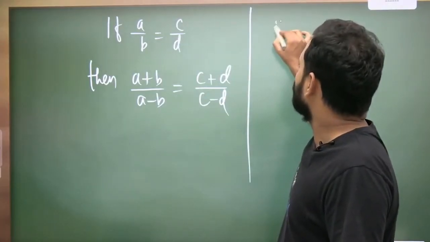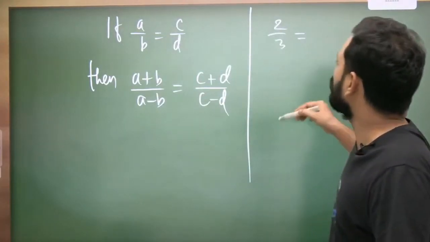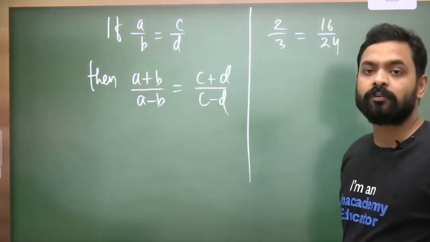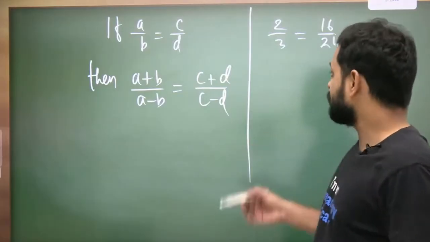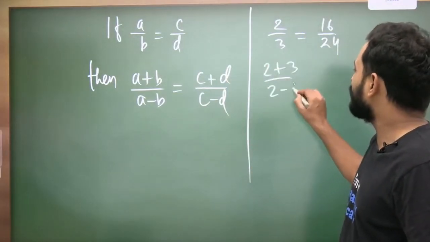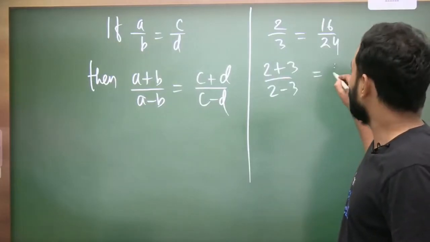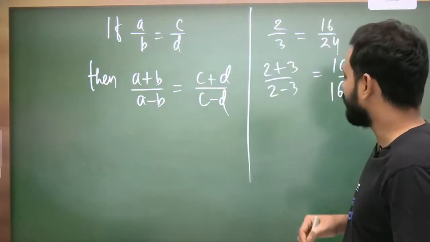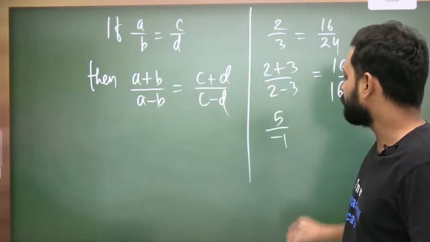Let's say 2 upon 3, is it equal to 16 upon 24, guys? Yes, right. So 2 plus 3 upon 2 minus 3, is it equal to 16 plus 24 upon 16 minus 24? Let me check. So this is 5 upon minus 1.